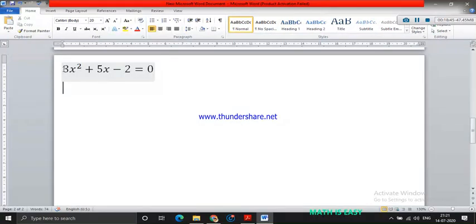Okay. Second case is alpha into beta equals to c upon a equals to minus 2 upon 3. That's it. So this is called the relation between zeros and coefficients.